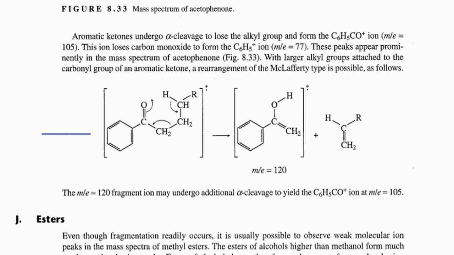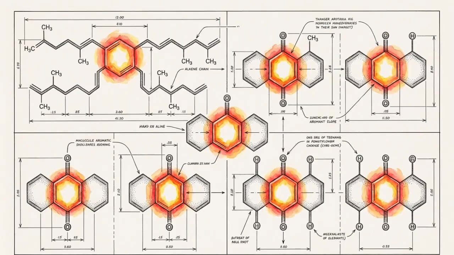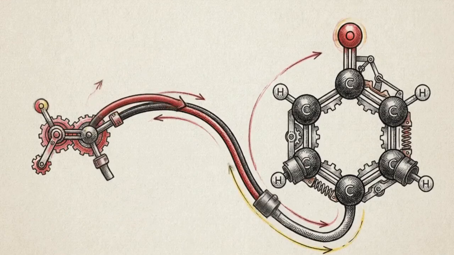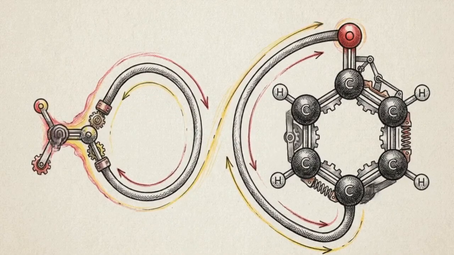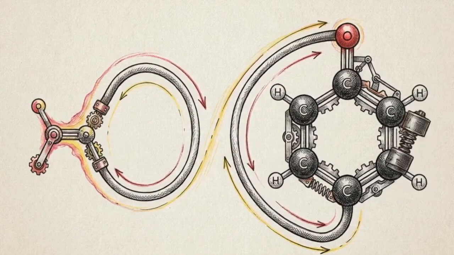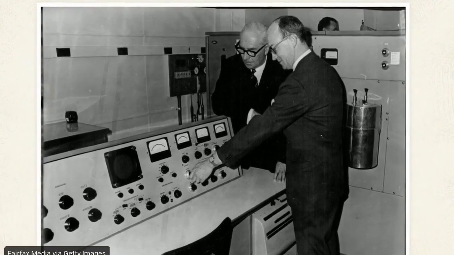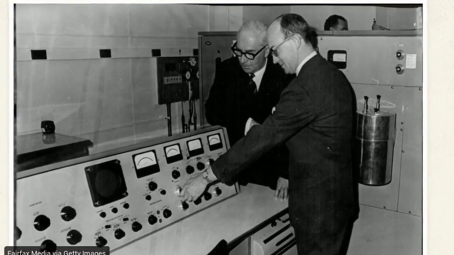Even when the carbonyl is attached to a bulky benzene ring, as long as the side chain meets the structural requirements, the rearrangement proceeds. The McLafferty rearrangement is a universal physical law of gas phase geometry. If the pi system and the gamma hydrogen align, the beta bond will break, whether in a simple alkene or a complex aromatic ketone.